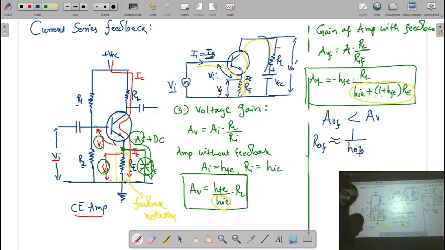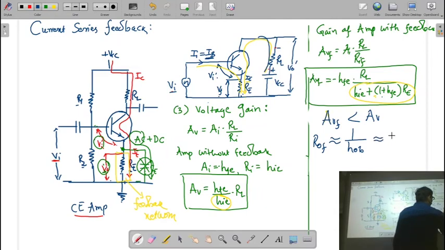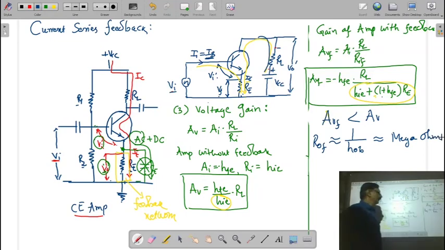Now the value of HOB is very small. So if you calculate this value of the resistance, it will be in the order of mega ohms. So here the output resistance of this amplifier is going to increase, and the input resistance of the amplifier is going to decrease.